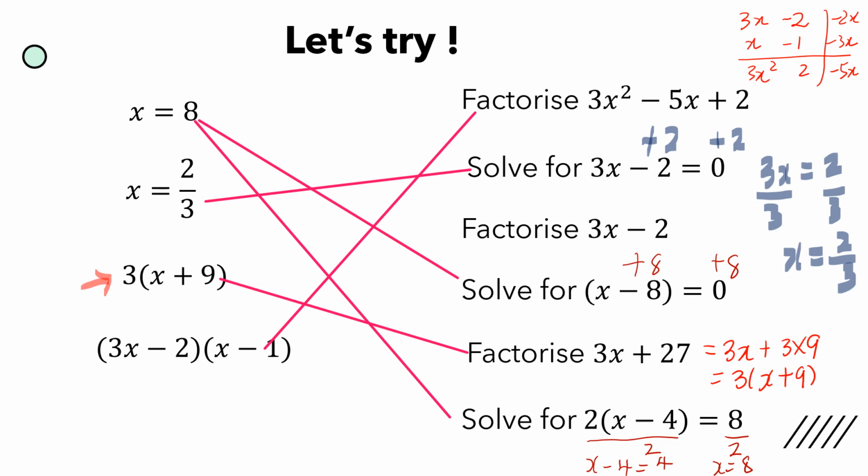Your linear factors would be 3x minus 2, where we have it here, and the other one is x minus 1, where we have it here.